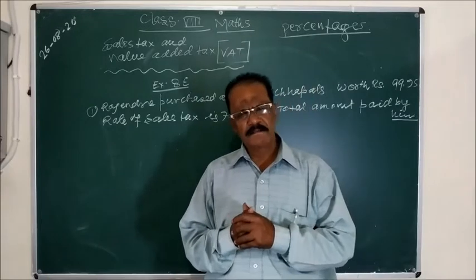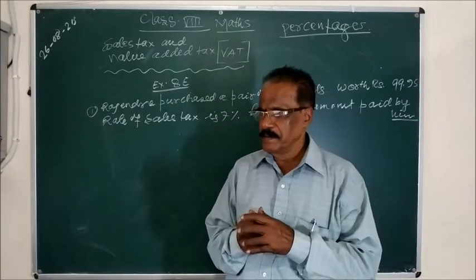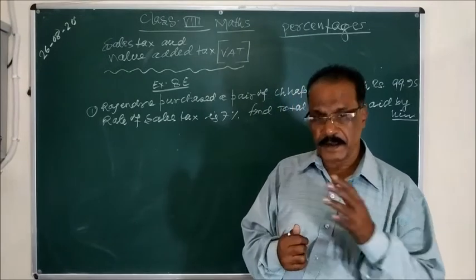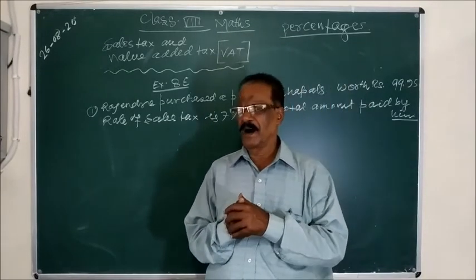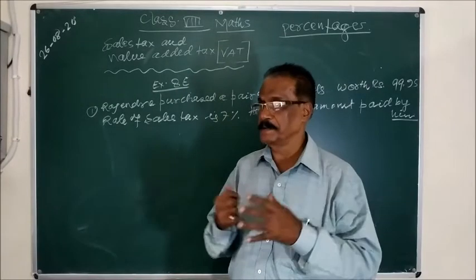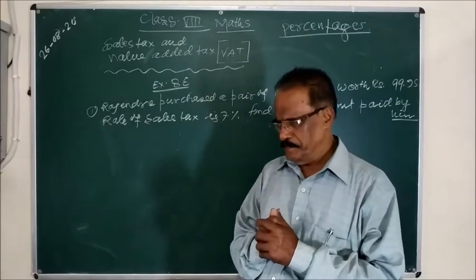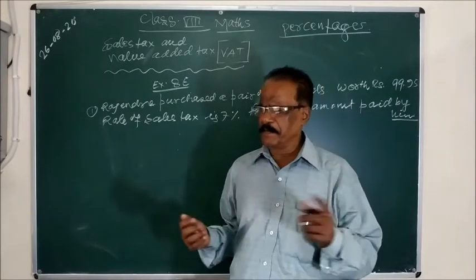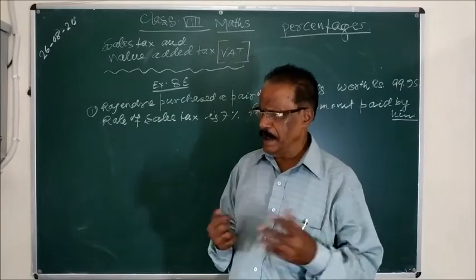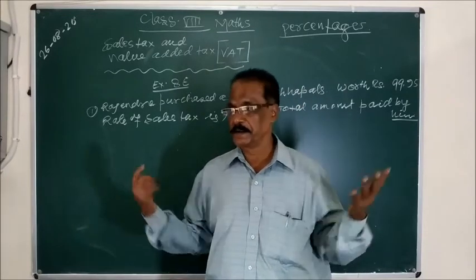In general, the sales tax for luxurious items is more than the tax imposed on common commodities. It is generally between 4% to 16%, and you can find out what the rates of taxes are in different states.